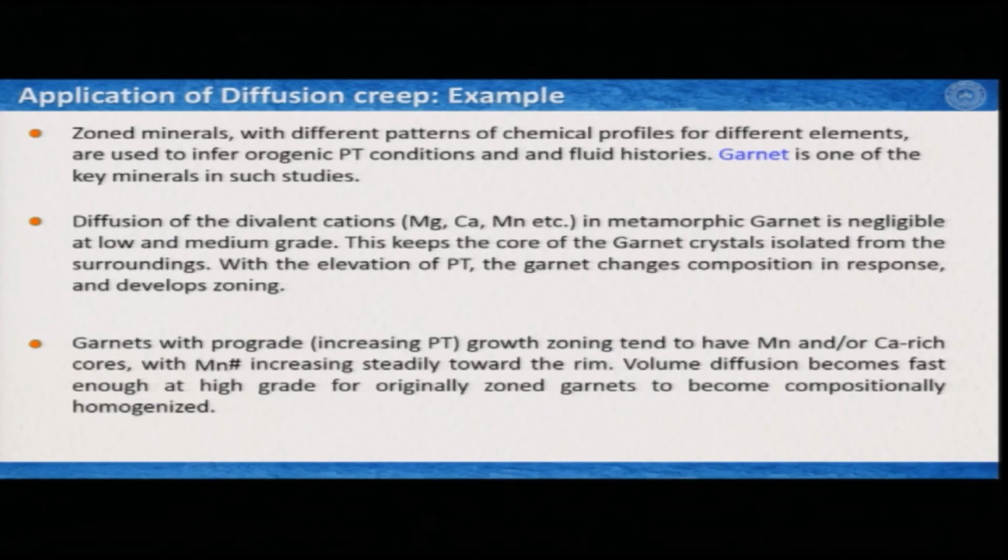Volume diffusion becomes a very fast process at high grade, so originally zoned garnets become compositionally homogeneous. You have initially a very heterogeneous zoned garnet in terms of a particular element, but when you have high temperature, volume diffusion of these elements starts, and the entire garnet becomes homogeneous in terms of the distribution of these elements.